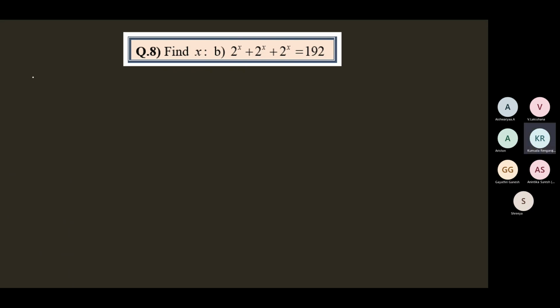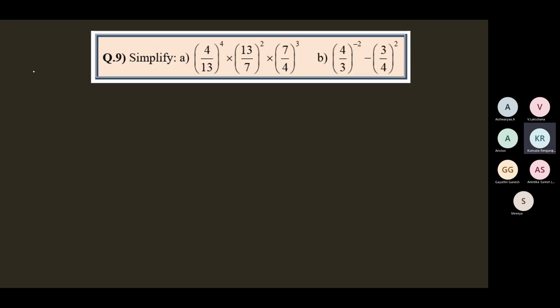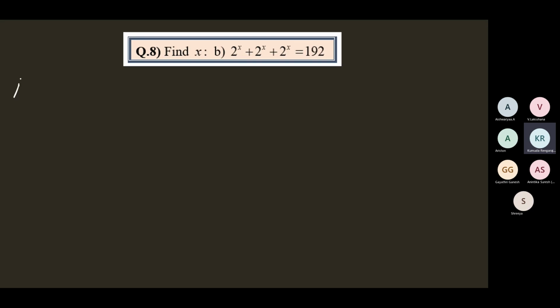So let's see how we can answer this one. Okay, we need to solve for x. Find x. So what is given? 2 to the power x plus 2 to the power x plus 2 to the power x is equal to 192.